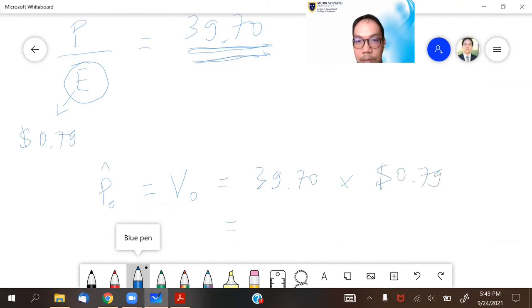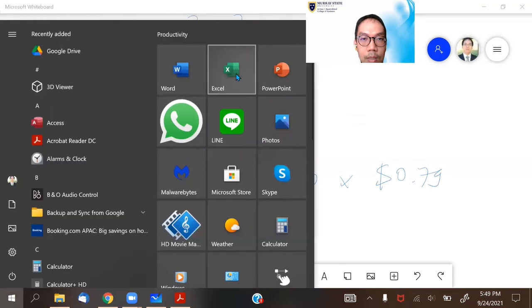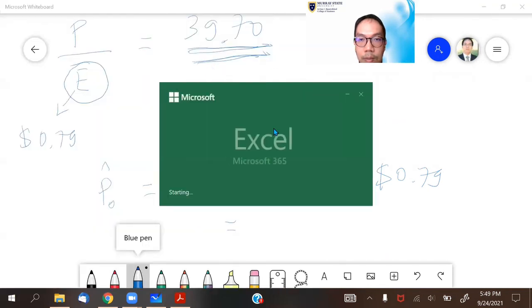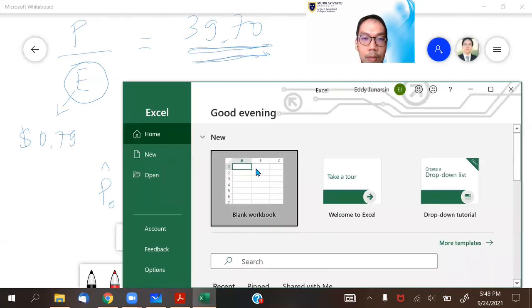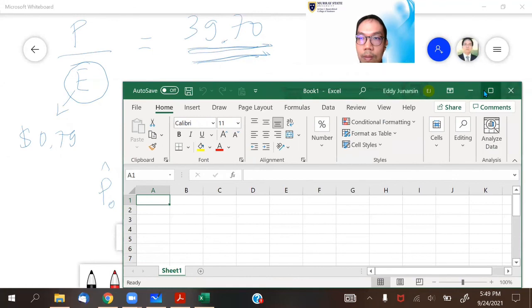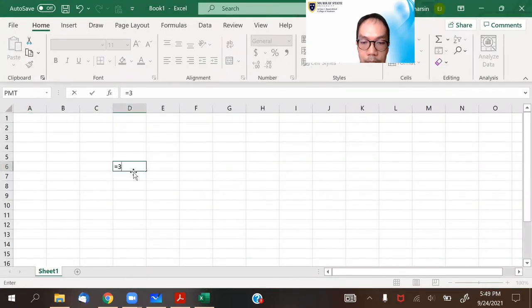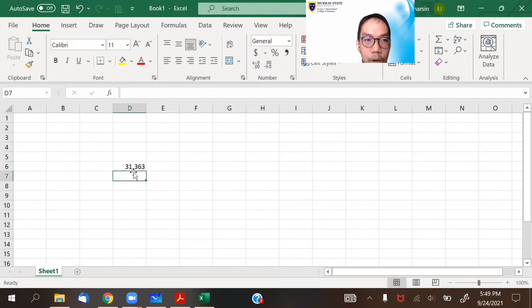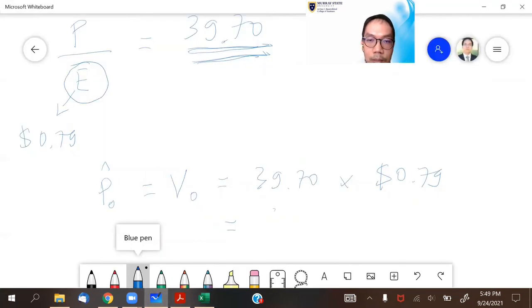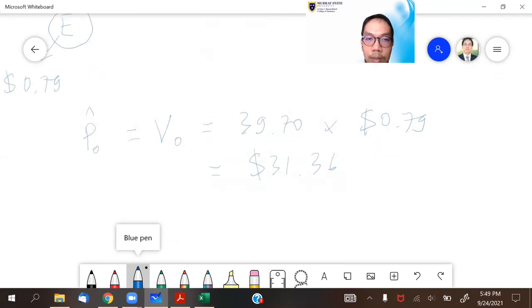And you get 31.36. So we believe that the fundamental value of Under Armour should be around 31.36.